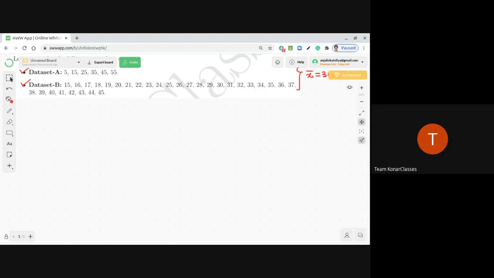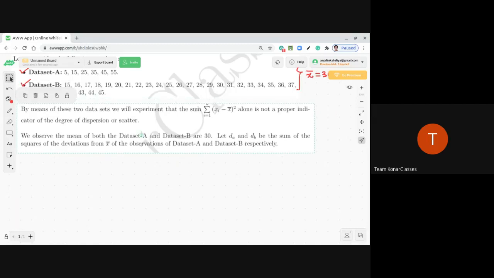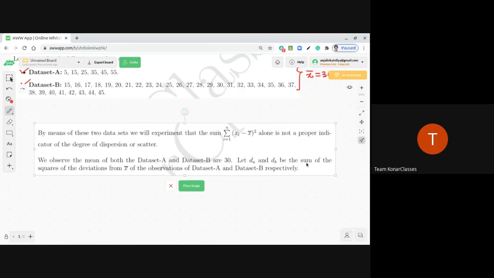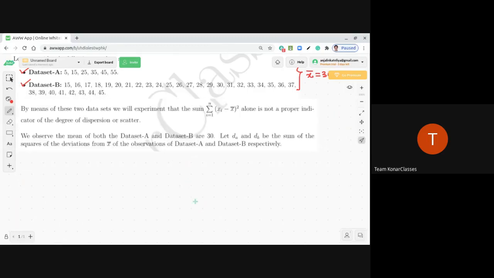So now the point is that by means of these two data sets, we will experiment that the summation i equal to 1 to n (xi minus x bar) whole square alone is not a proper indicator of the degree of dispersion or scatter.